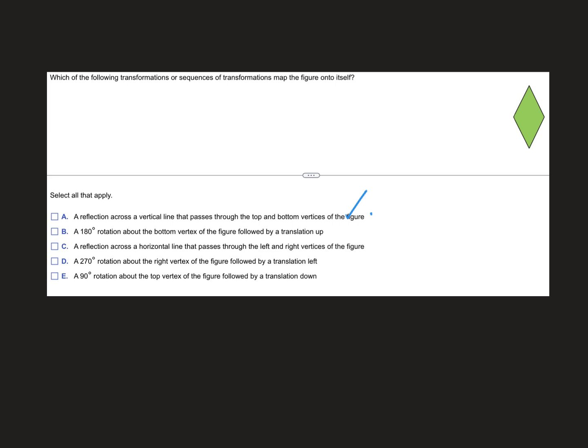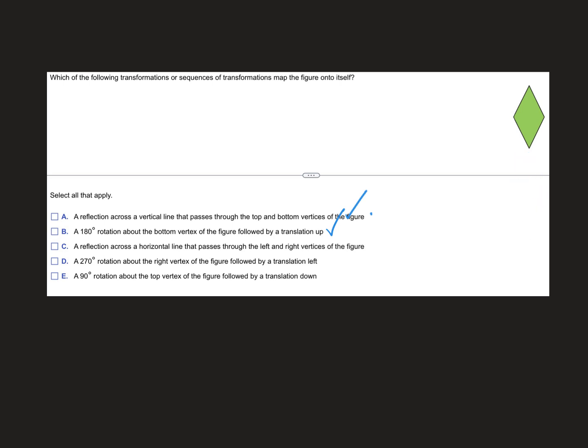A 180 degree rotation about the bottom vertex followed by a translation up. Took this vertex, rotated it, and then translated it back up. Am I going to map? Yes.